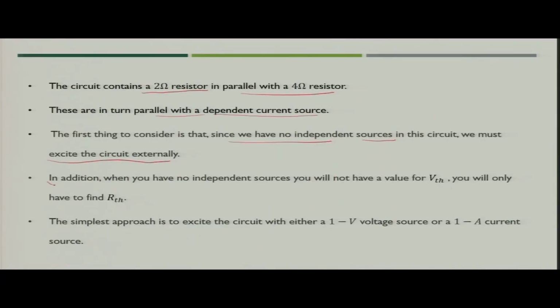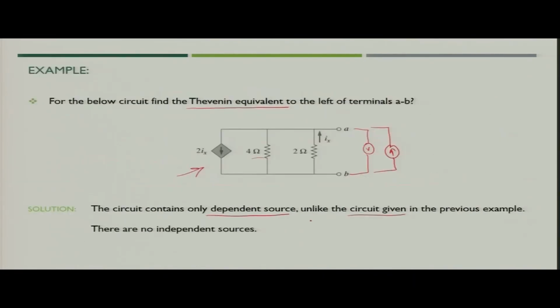B terminals, so that we can excite this circuit from outside to find out the value of the Thevenin equivalent. Now, another thing we have to consider is that since we do not have any independent source, we need not have a value for the Thevenin voltage. Why? Because if you see this figure, the value of this particular current source depends upon the current flowing through the 2 ohm resistance.